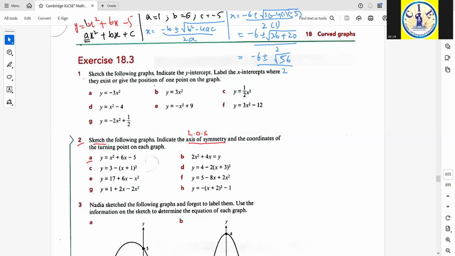So this is 6, 7.48 divided by 2. So now you can have two values of x.